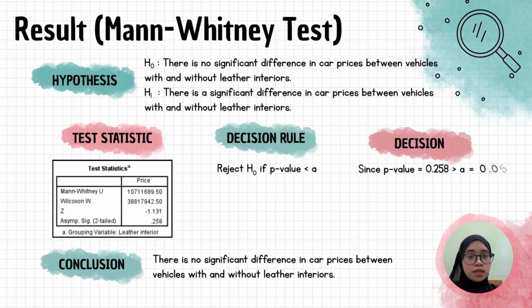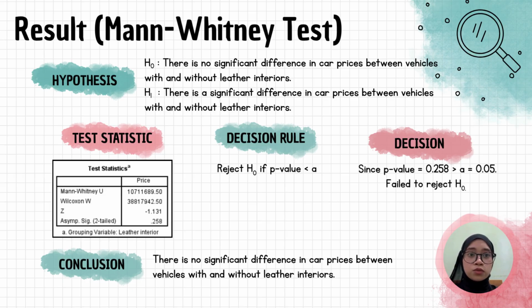This slide shows the result of the Mann-Whitney U test for our first objective. The null hypothesis states that there is no significant difference in car price between vehicles with and without leather interior, while the alternative hypothesis states there is a significant difference. Based on the SPSS output, the p-value is 0.258, which is greater than the significance level of 0.05.